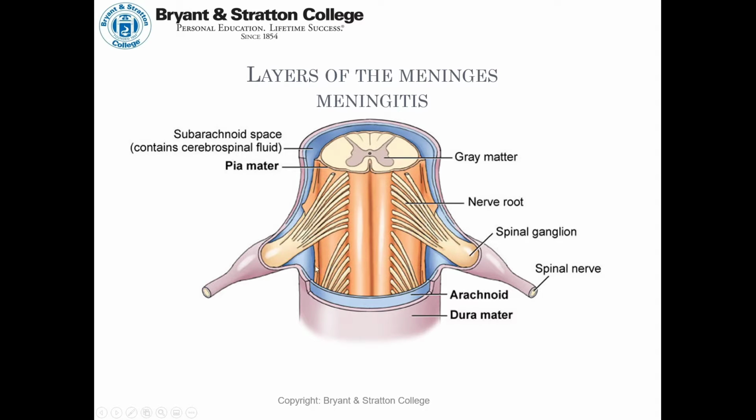Okay, another thing I want to point out is our spinal nerves essentially have a ventral and a dorsal component. So you can see the ventral component right here. And you can kind of get an idea that going back here is a dorsal component.